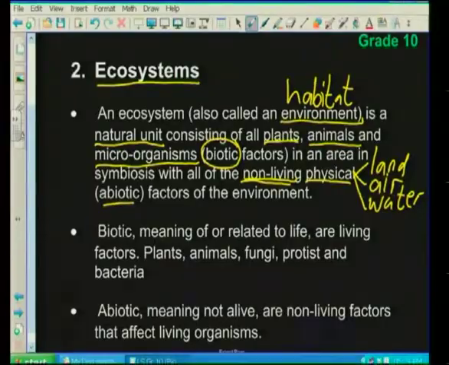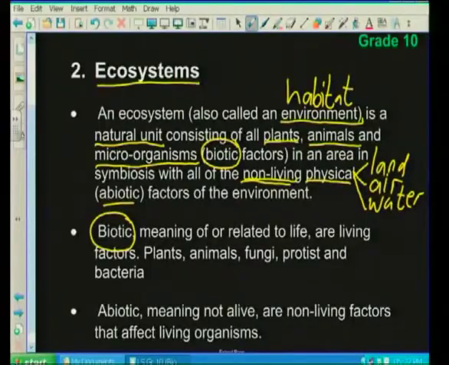So, an ecosystem is a small unit, where biome is a big unit, a small unit with plants, its own animals, its small microorganisms, and it interacts with the physical environment, which is land, water, soil, and air. All right.